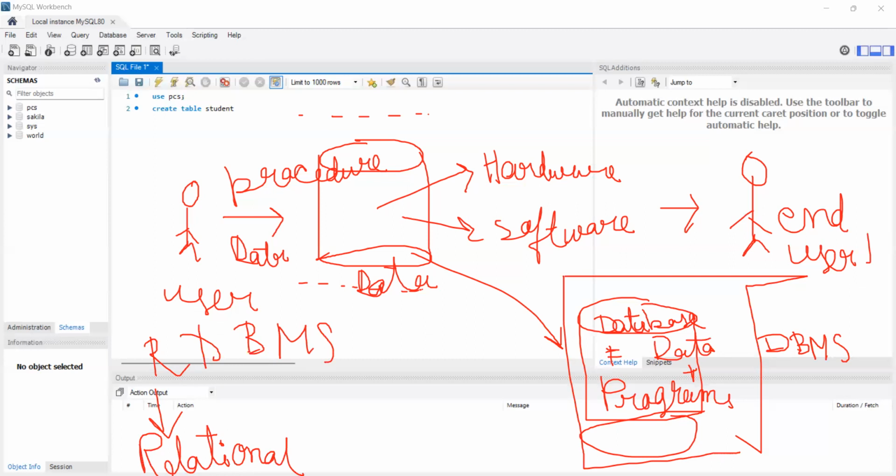When data is stored in tabular form in a relational database management system, they create a relation with rows and columns. Does somebody know what the components used in the relation are called? Do you know?